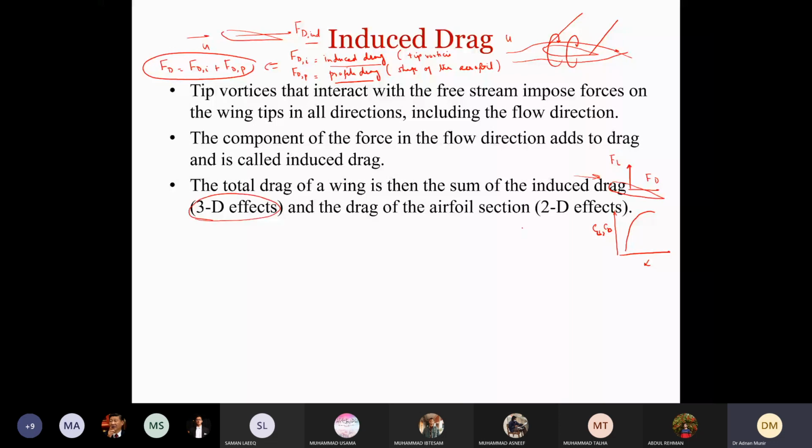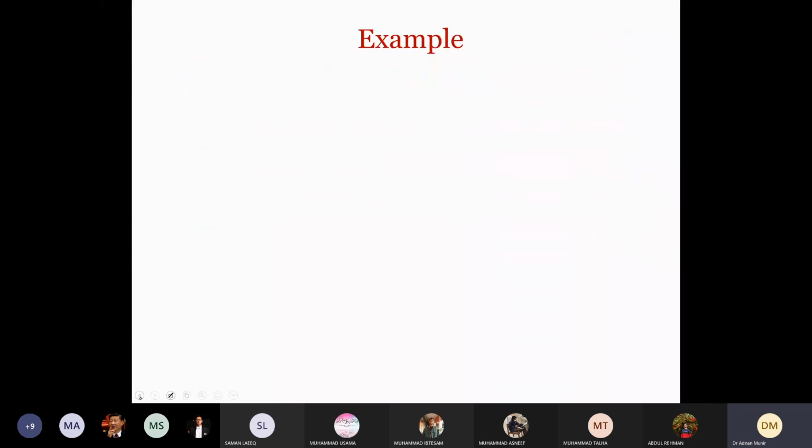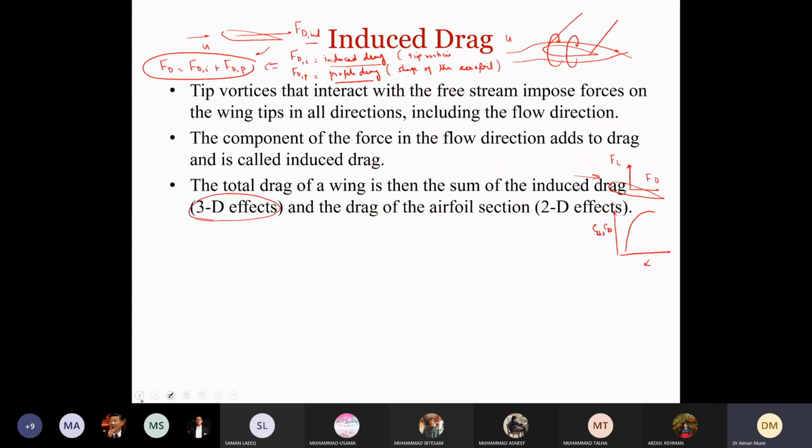This drag of the aerofoil section is because of the shape of the aerofoil. So that is the equation we discussed here. Okay, so this is all about the lift force, right? Because of the upwash and downwash, we have an additional component of drag which is called induced drag, and that adds to the drag force, right?